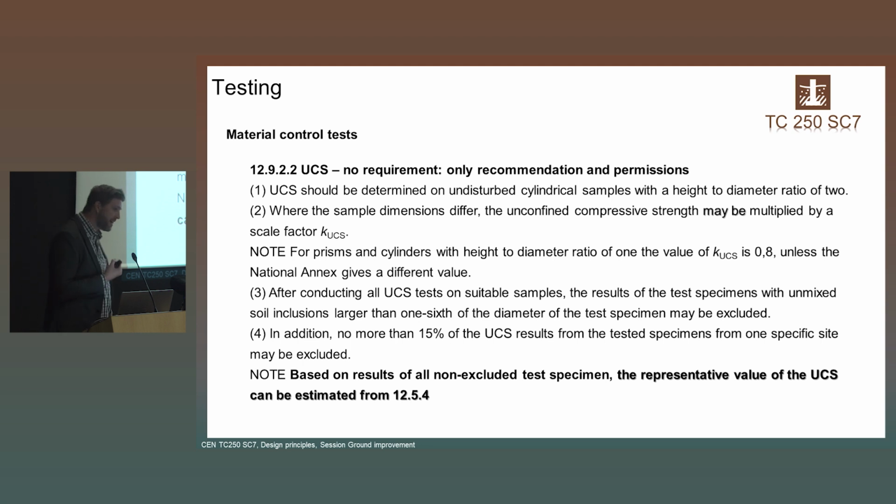This is based on the fact that these inclusions will have a large influence on the results of the test on a small sample, but similar unmixed soft soil inclusion in a soil mix or jet grout element on site will have negligible influence. And you can do that until a limit of 15% of all the UCS results that you have in your dataset. And based on the results, you apply the process that I present today to determine the characteristic and the design value of UCS.